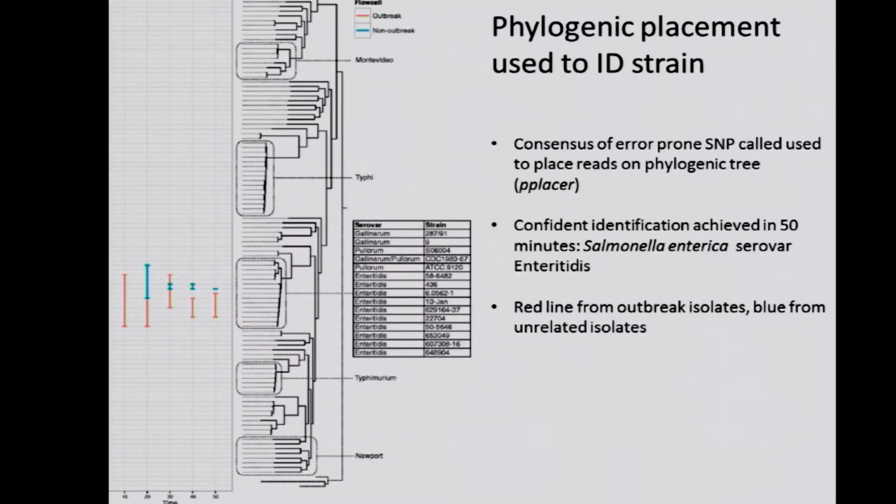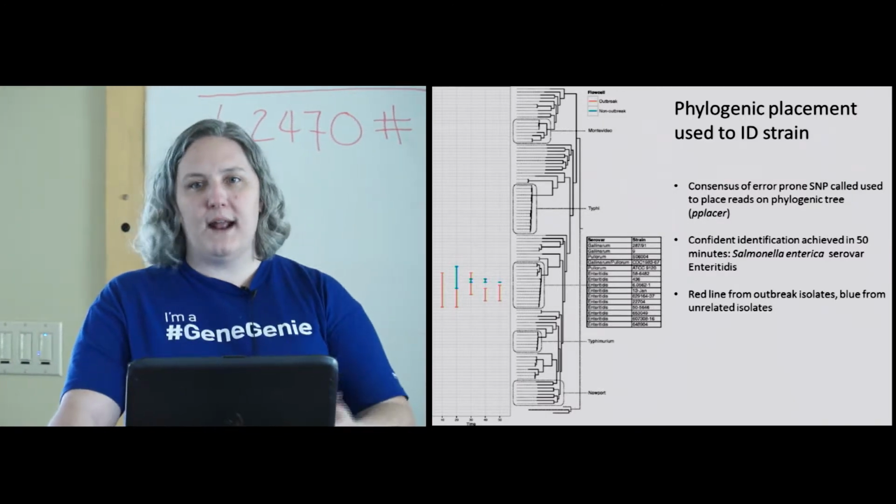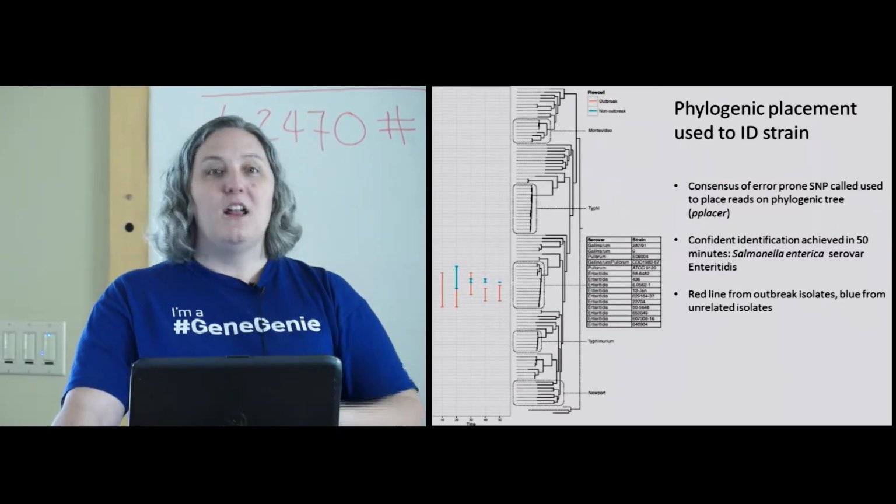They used phylogenetic placement to identify the strain. Now the reason why this was useful is because of the high error rate in the Oxford Nanopore, you can't necessarily go, I know based on these SNPs exactly which one it is. But as you accumulate reads, you accumulate data over time, you're going to converge on a SNP pattern. More and more reads will match more closely the potential strains.